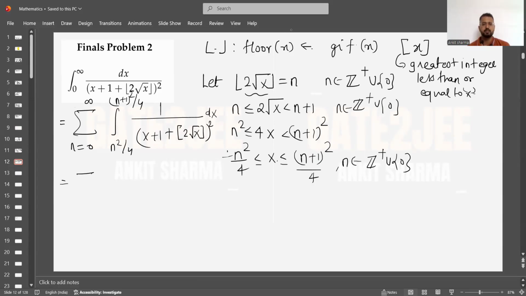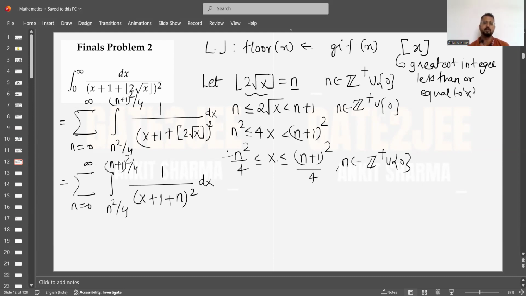From n equal to 0 to infinity, between n squared over 4 and n plus 1 squared over 4, we have found that the floor gives just the integer n. So this is going to give me just 1 over x plus 1 plus n.